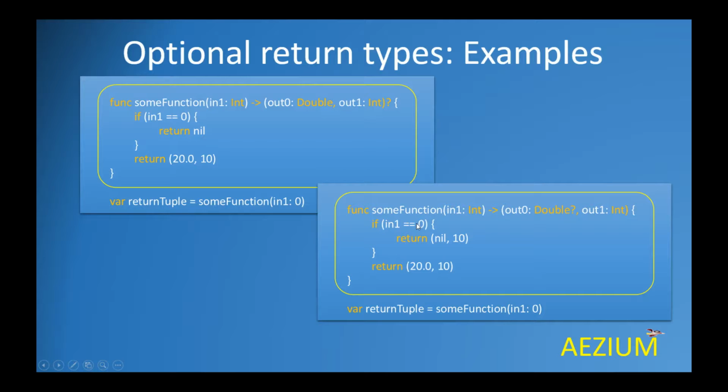And if the condition is not satisfied, then we return a full tuple where the first element is non-nil. So again, if in1 is equal to 0, the if condition here is satisfied and we return this tuple. And if in1 is equal to 1, then the second tuple containing elements 20 and 10 will be returned.